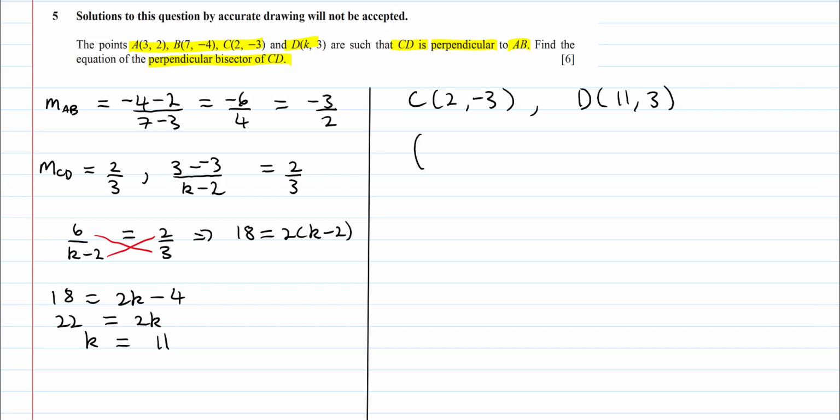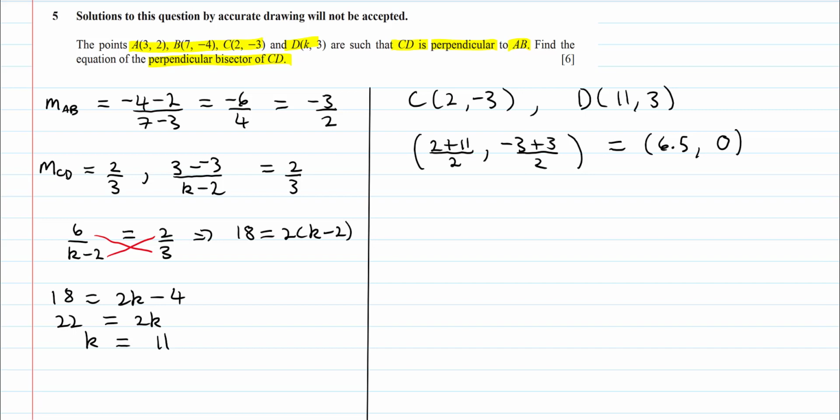So we get (2 + 11)/2 and (-3 + 3)/2, and that is equal to, well, 2 + 11 is 13, so 13 over 2 is 6.5, and -3 + 3, well, that's just 0. So 0 over 2 is 0.